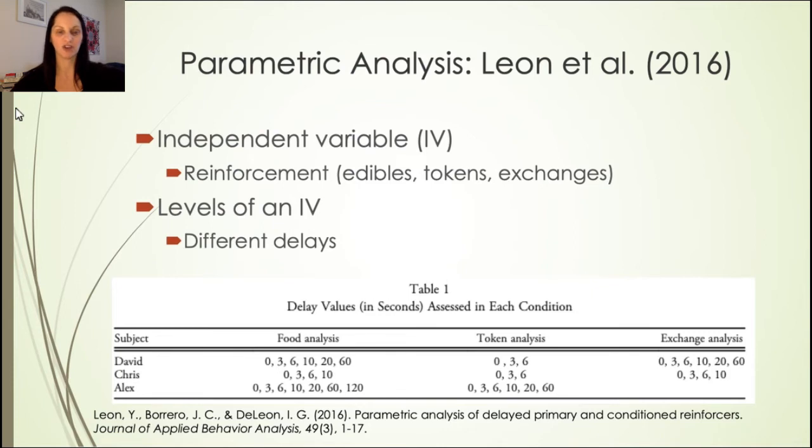So they used arbitrary responses like matching colors and folding towels, and they varied the delay to the delivery of food, tokens, or token exchanges. So this is a table from the study that shows those delay values in seconds. So you can see that we have our independent variable, which is reinforcement, and then our continuum, or the levels that were manipulated, were the delays to reinforcement.